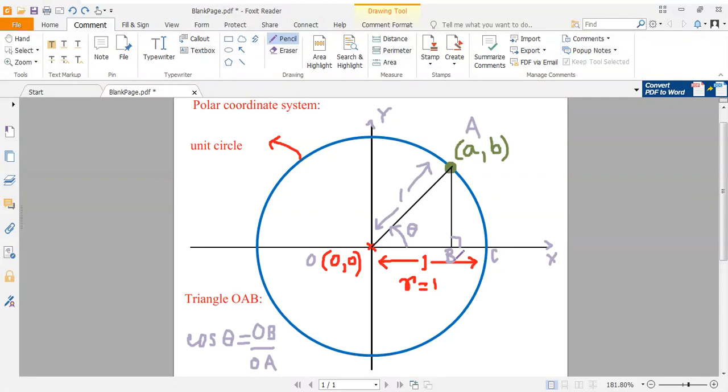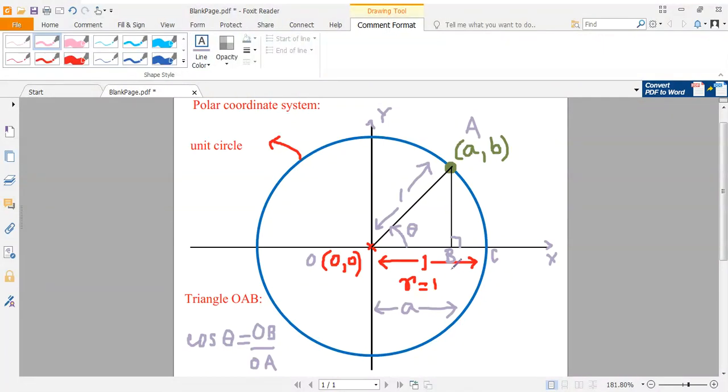So doesn't that mean that OB is of length a? This length OB is a units, not up to the radius. Let me mark that, or maybe let me just use a dotted line.